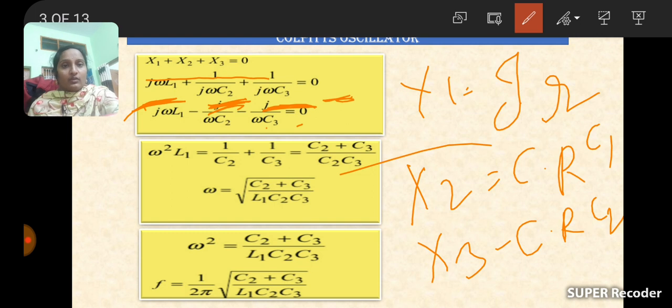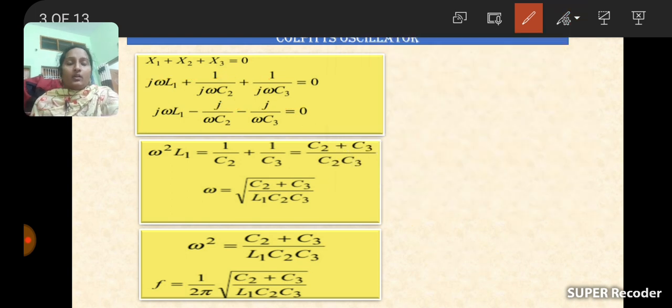And here, j omega L1 minus 1 by j omega C2, by taking j out of the numerator, becomes j omega L1 minus j by omega C2 minus j by omega C3 is equal to 0. Omega square L1 is equal to 1 by C2 plus 1 by C3, which is C2 plus C3 by C2 C3, taking the common terms.